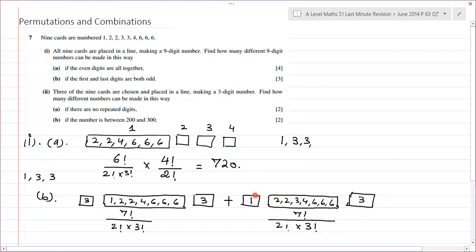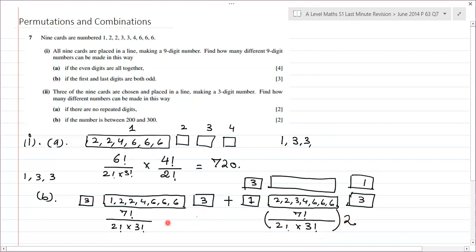Now, in this case, I'm saying that the first block is going to be occupied by 1 and the last one being occupied by the 3, or it can be the other way around. I can have my first block being occupied by 3 followed by 7 numbers, and the last one being filled by a 1. So that means what I've got over here can be multiplied by 2 because I have 2 options for this.